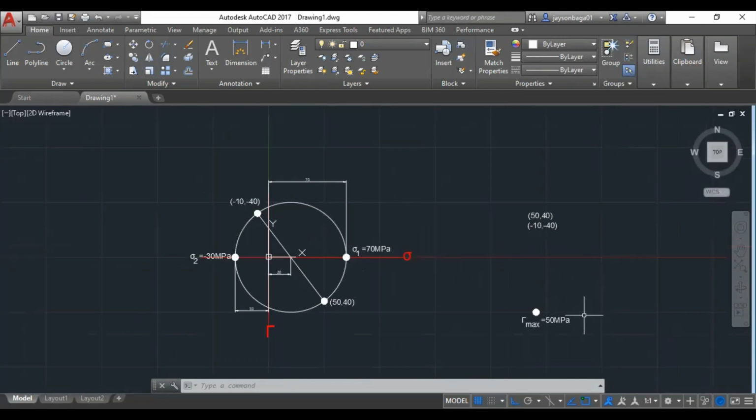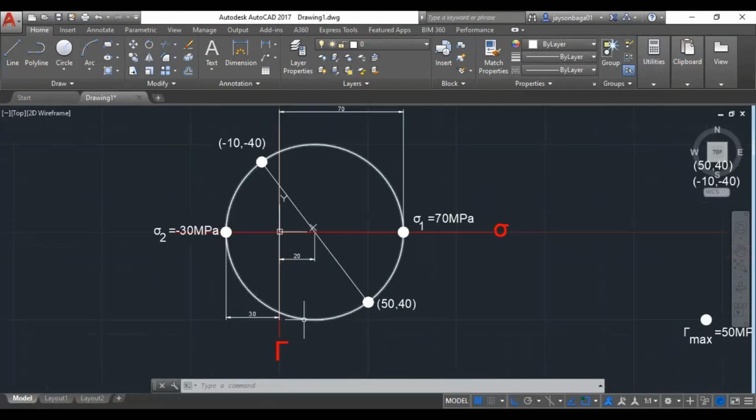So paano naman yung tau max? Yung tau max natin dito, kung babalikan natin yung mga equations kanina na pinakita, sabi, yung tau max natin is yung highest na y value. Kung galing tayo dito sa center, pwede nating sabihin siya rin yung radius.